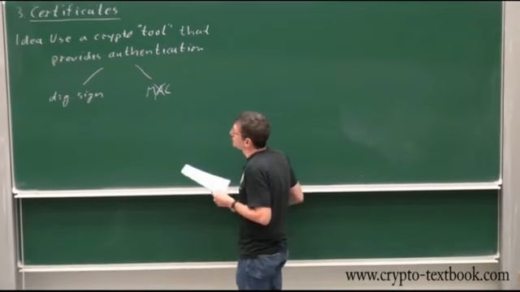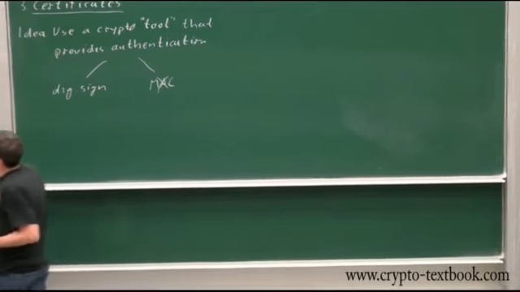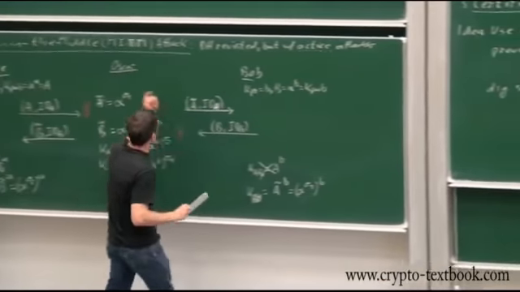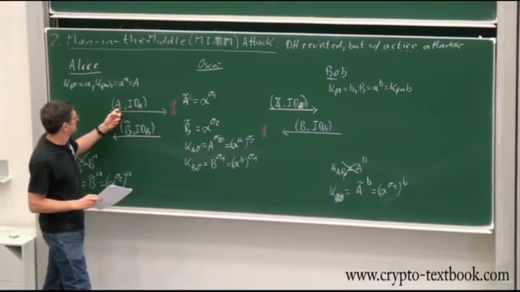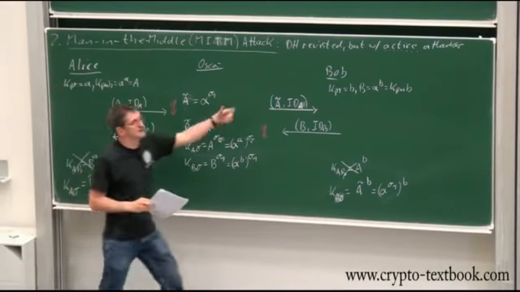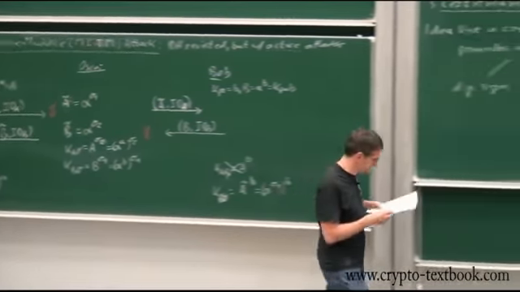So, what do we do here? We want to prevent Oscar from ripping that apart, from taking this message and replacing part of it. And how do we do that?